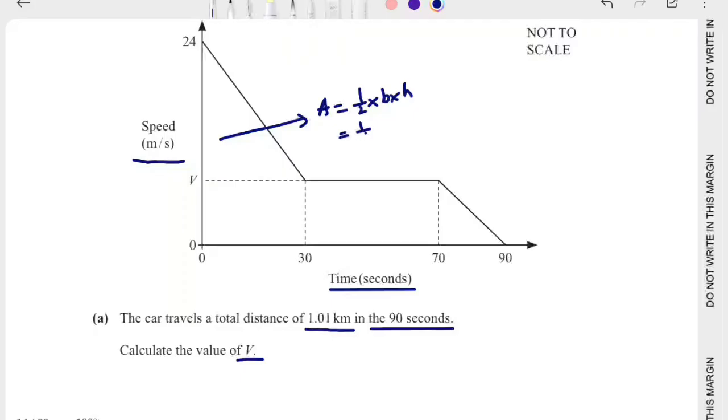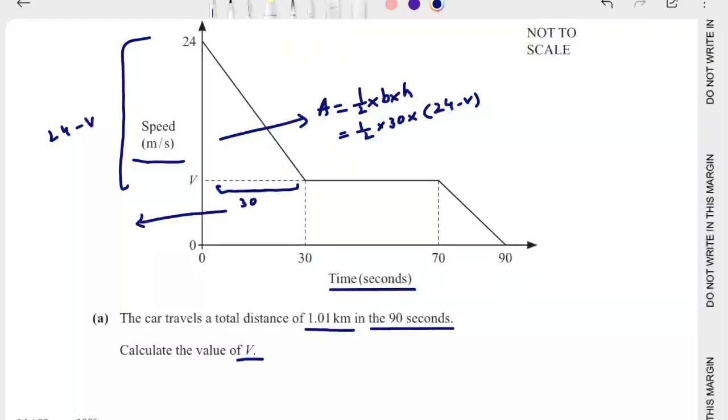Over here base is 30 times, and height is 24 minus v. Now look at the second shape, the bottom one.